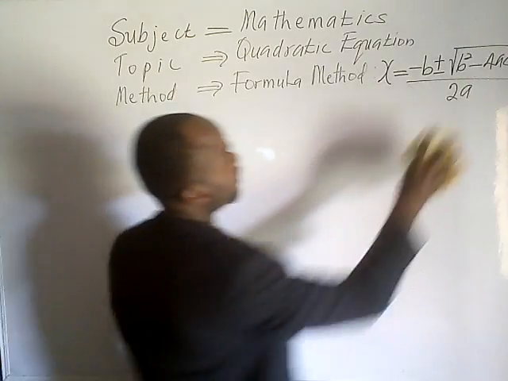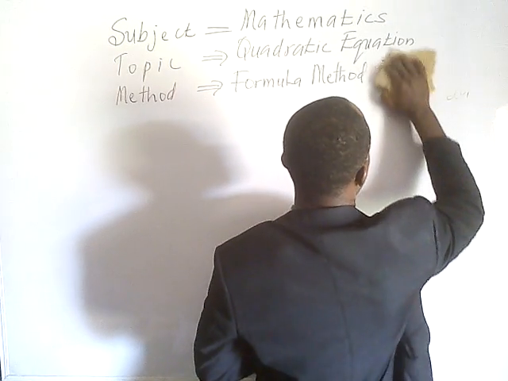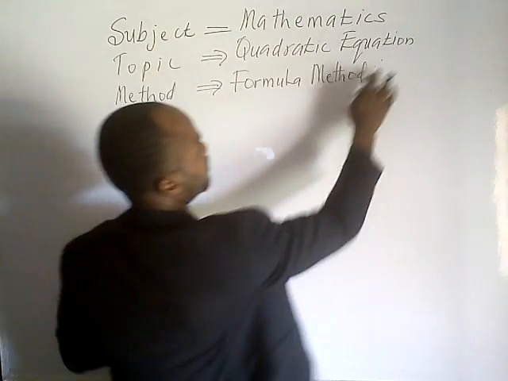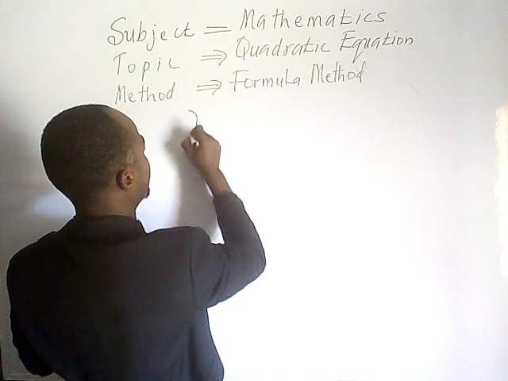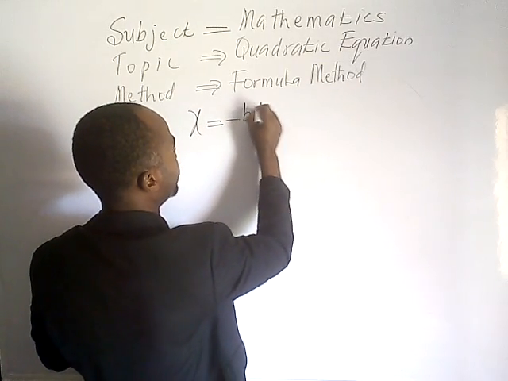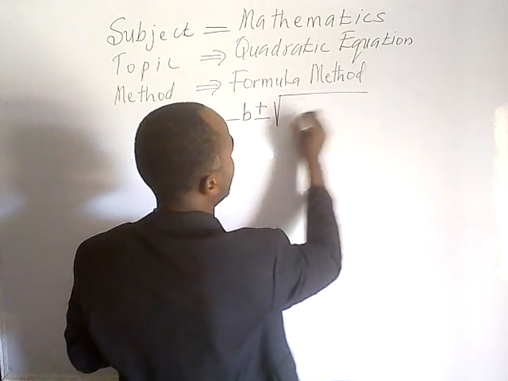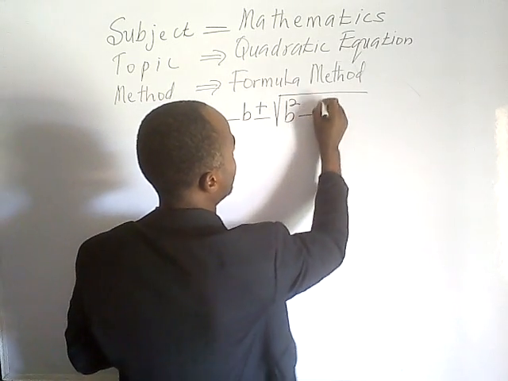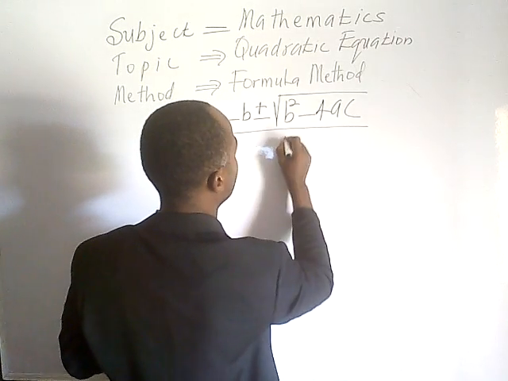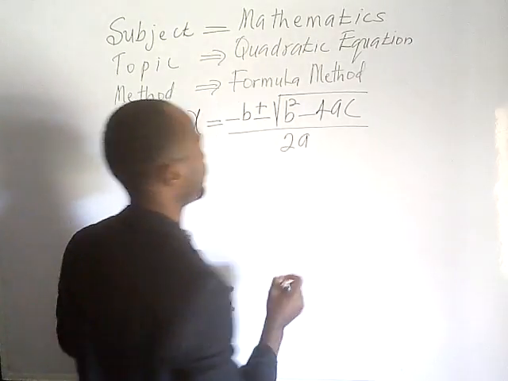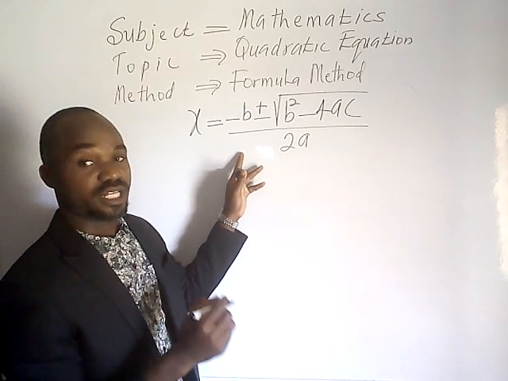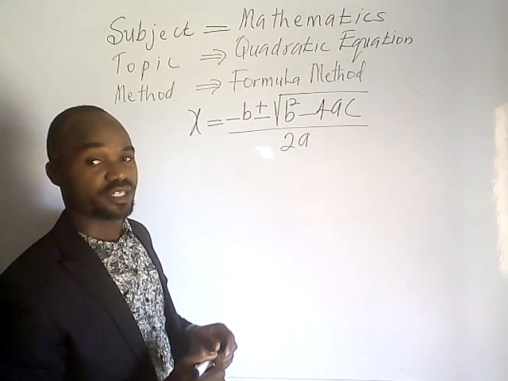Let's put it the way it can be seen clearly: x is equal to minus b plus or minus root b squared minus 4ac, all over 2a. This is the general formula that one can use to solve any quadratic equation.